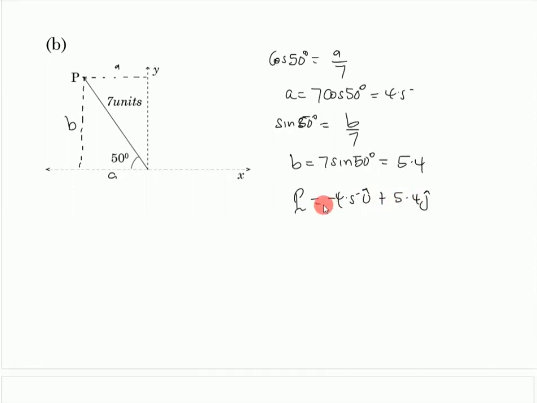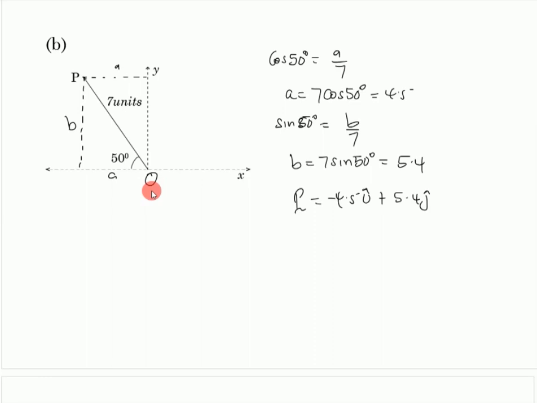5.4 j. This one, the 4.5, is negative because the horizontal component, along the x-axis, is towards the left.